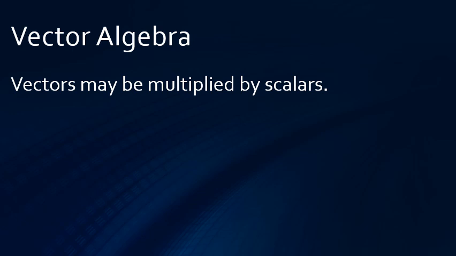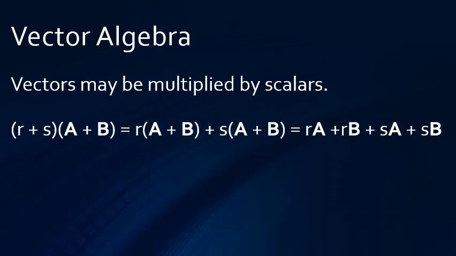Now in vectors, vectors may be multiplied by scalars. So, multiplication. For example, we have here the quantity r plus s multiplied to the quantity a plus b, where a and b are vectors and r and s are scalars.